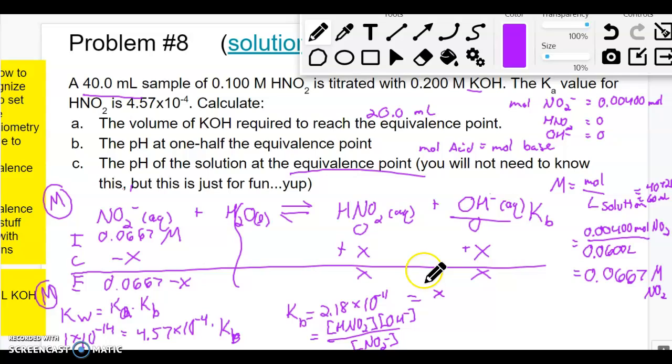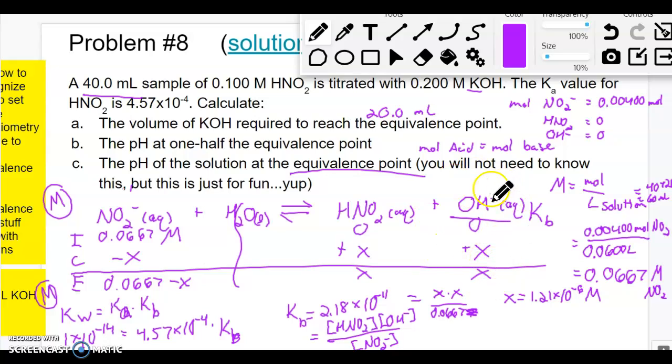I have X for the concentration of HNO2, X for the concentration of OH minus, and then 0.0667 minus X. Because my K value is much less than 10 to the negative 4th, I can assume that X is going to be negligible. And solving for X, I'll get X equals 1.21 times 10 to the negative 6. Make sure that you take that square root at the end. And because this is in molar, and this had to be in molar anyways, this is our molarity.